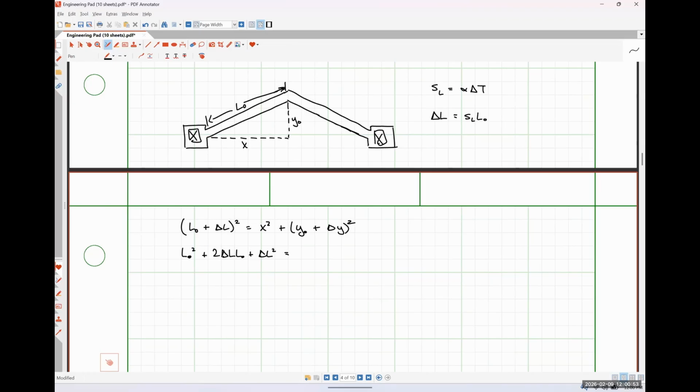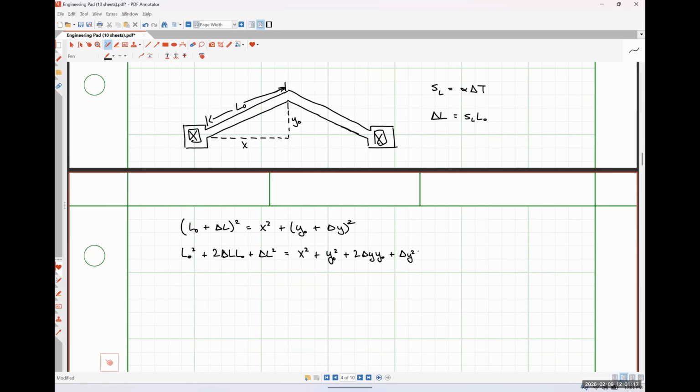And on the right-hand side, I'm going to have x squared plus y naught squared plus twice delta y times y naught plus delta y squared. I believe I've expanded that out right.